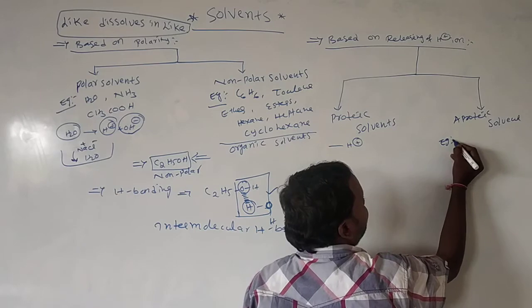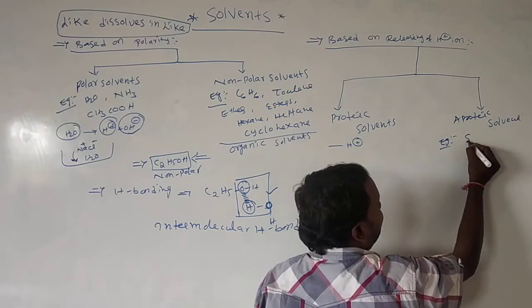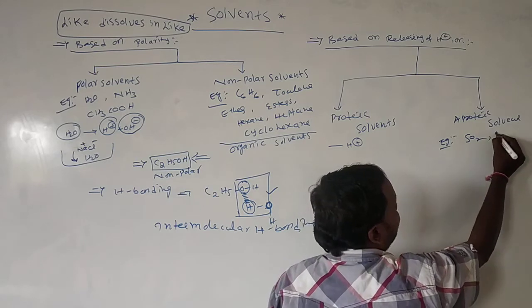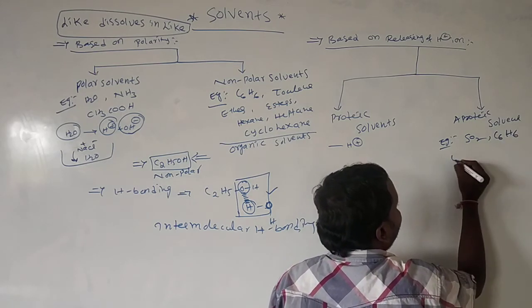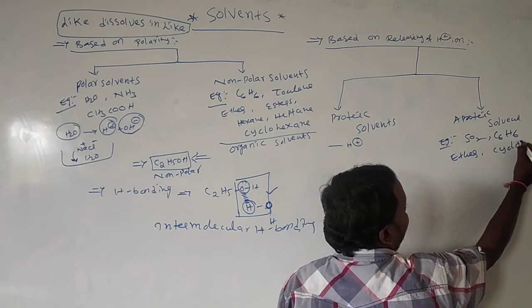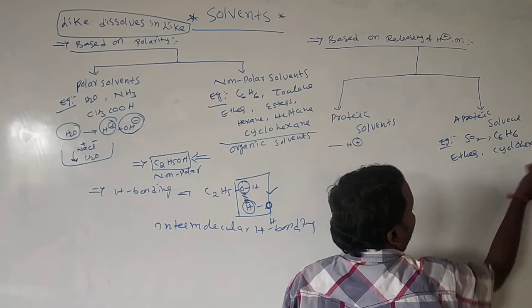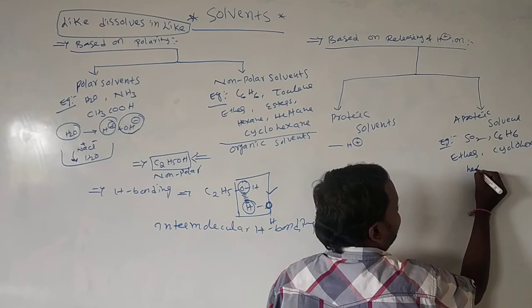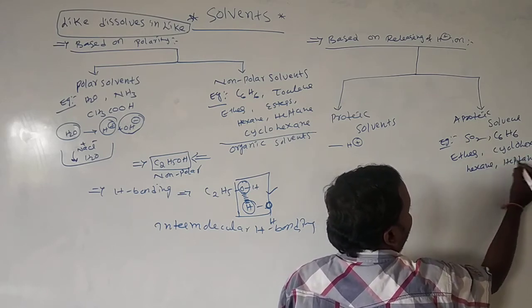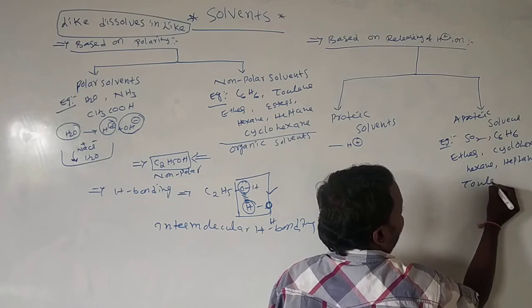Examples for aprotic solvents: sulfur dioxide, benzene, ether, cyclohexane, hexane, heptane, toluene.